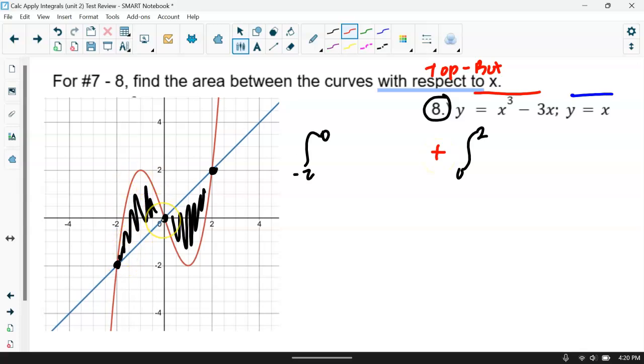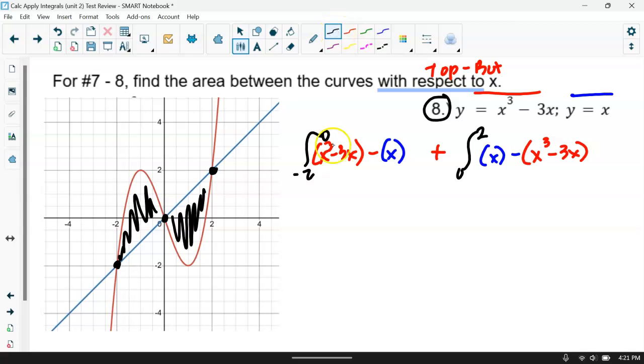So again, x cubed is what's up top, so that's our f of x. x cubed minus 3x minus the bottom, which was x here. Then plus, then we switch, because notice how x is what's up top. Then minus our g of x, which was x cubed minus 3x.